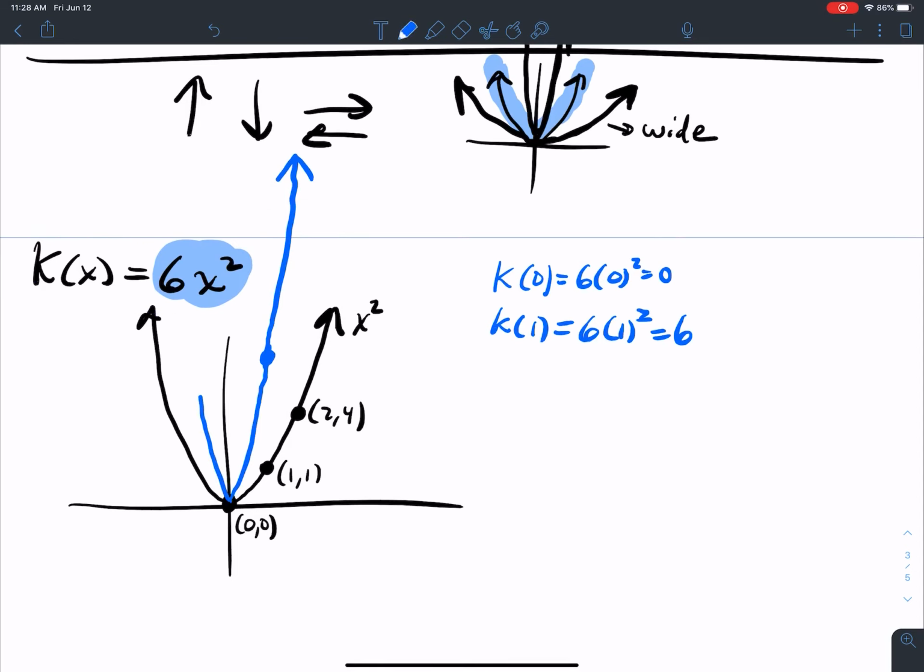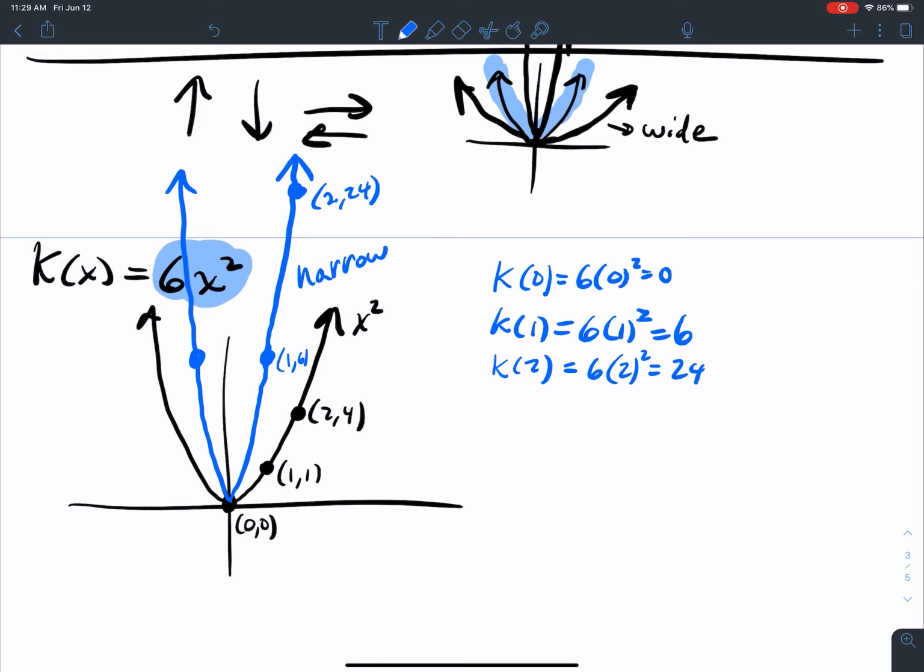Same thing on this side. It's getting very steep, very fast. So that's 6 comma 1. K of 2 is 6 times 2 squared, which is 24. So it's like way up here, 2 comma 24. So you see that that's actually growing way quicker. It's way more narrow.